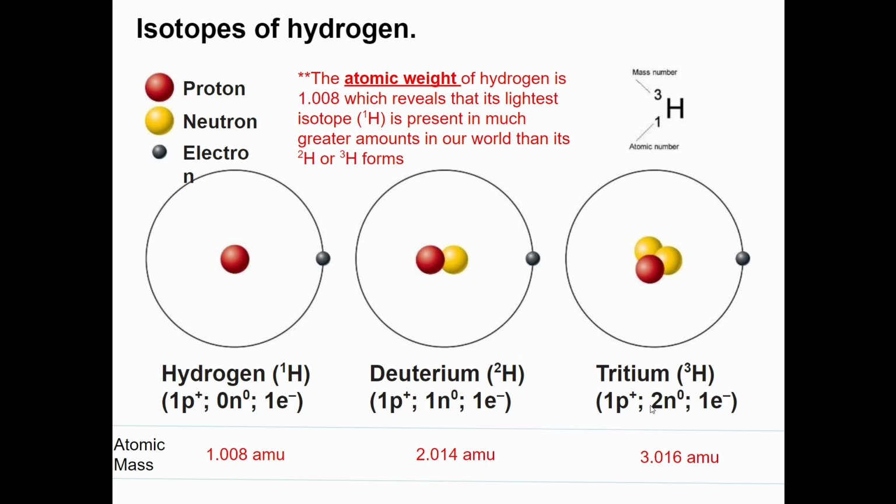Deuterium and tritium do exist, but they're really rare. You're more likely to come into contact with hydrogen 1 than hydrogen 2 or 3. And that's why when you take the average of their mass, the average looks closer to hydrogen 1.